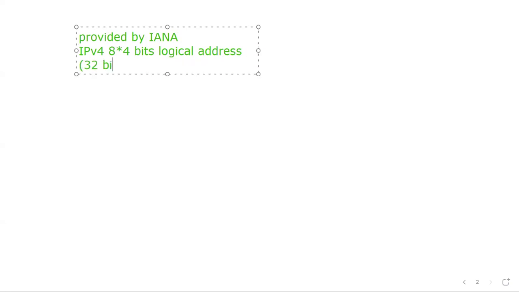Okay, and our IPv4 has 8 into 4 bits logical address, which we can say is a 32-bit logical address, and IPv6 has a 128-bit logical address.